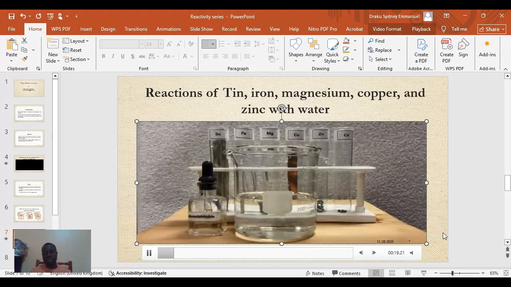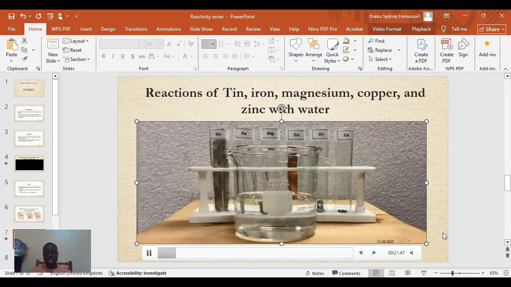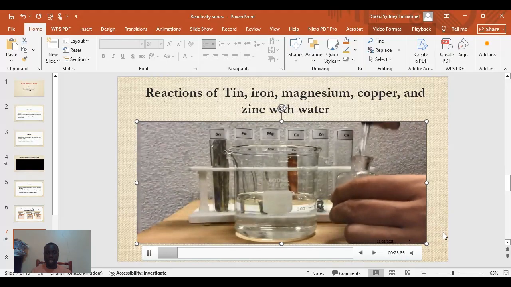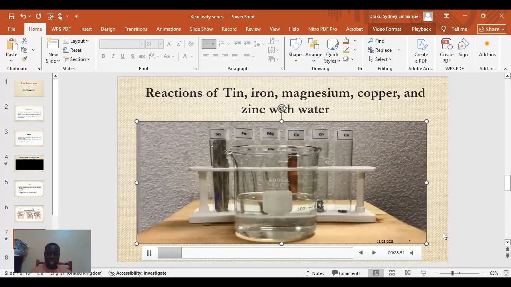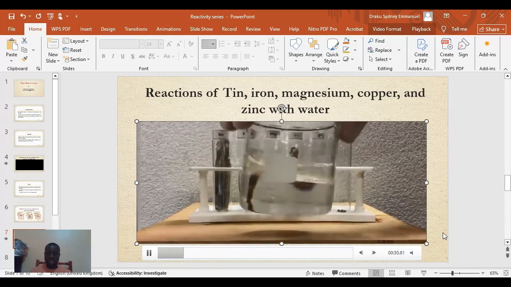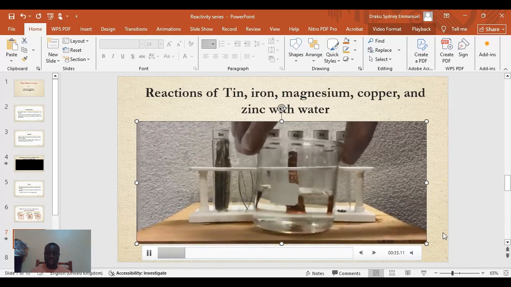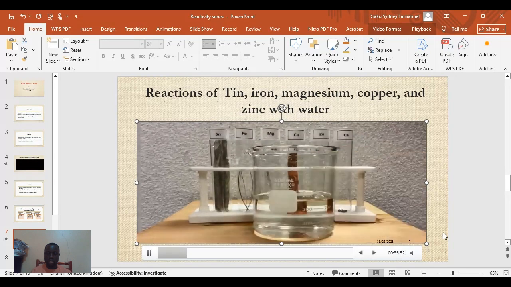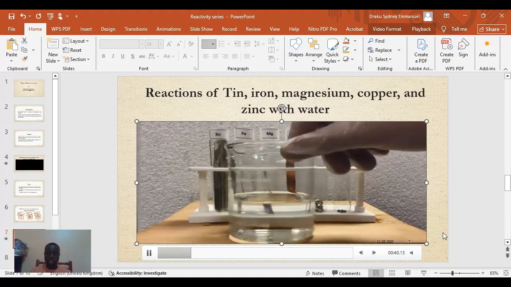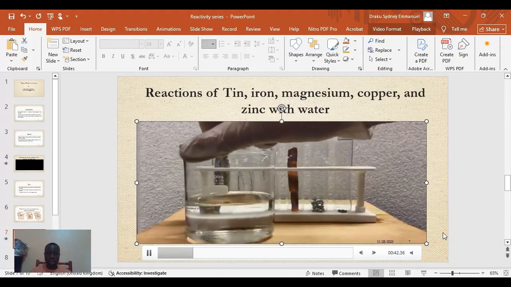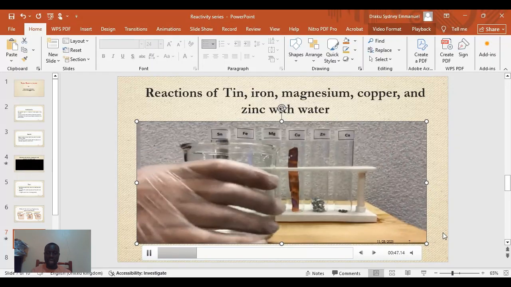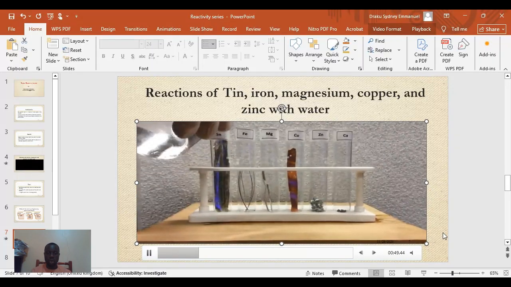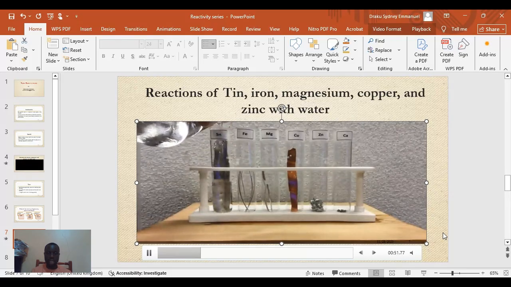Because some of these reactions are very slow, it may be very difficult for us to see, but pay attention and observe. You'll also be able to answer a similar question regarding the observations which are being seen here. So we're going to pour water in each of the test tubes containing tin, iron, magnesium, copper, zinc, and calcium. Here we're adding water to tin and we observe the reaction.